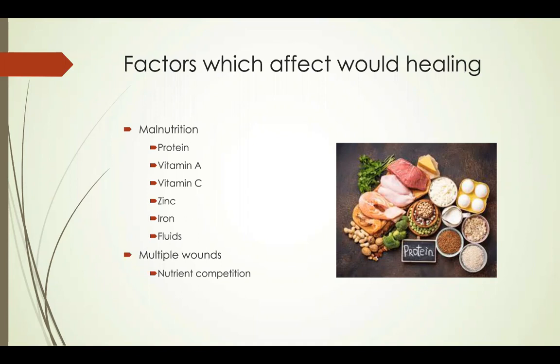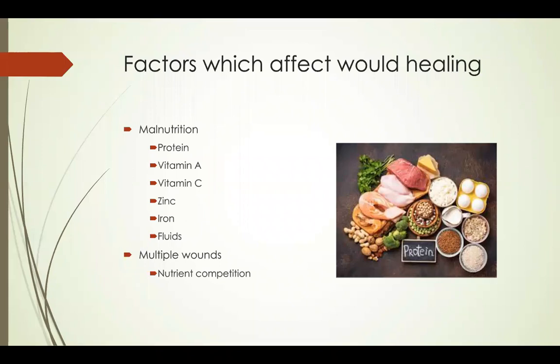Vitamin A is big in leafy green veggies and orange and yellow veggies. Vitamin C is in citrus. Zinc is in oysters and red meat. Iron is in spinach and red meat, and there are a lot of iron supplements as well. And they need fluids to keep that wound bed nice and moist.